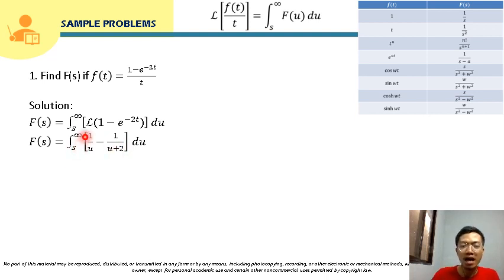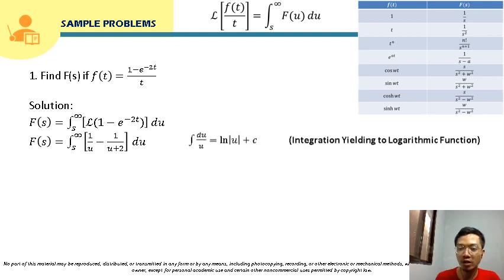Then for this answer, 1 over u minus 1 over u plus 2, we will integrate with respect to u. How can we integrate 1 over u and 1 over u plus 2? We can apply the integration yielding a logarithmic function that we learned from our integral calculus. I believe that you still remember this: the integral of du over u is equal to ln u plus c.